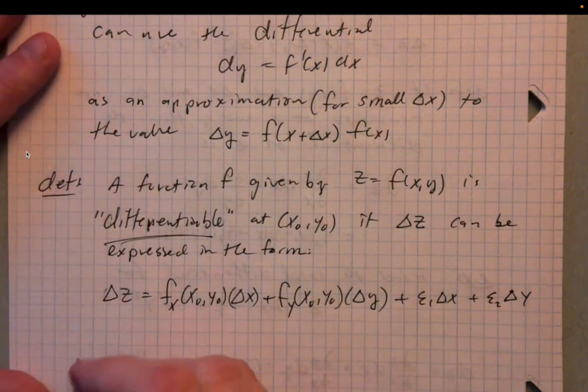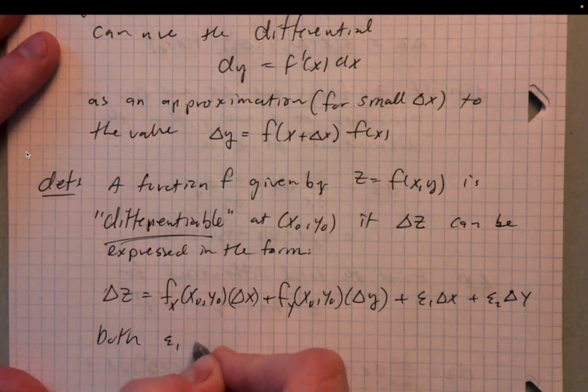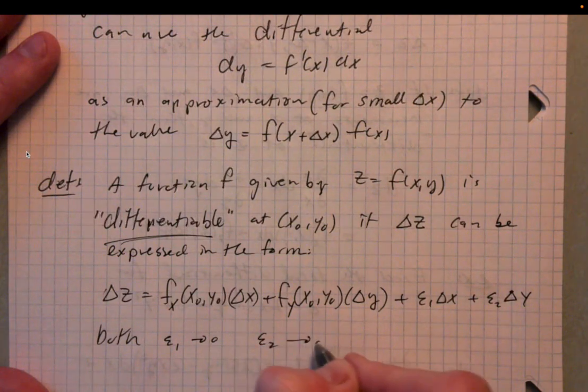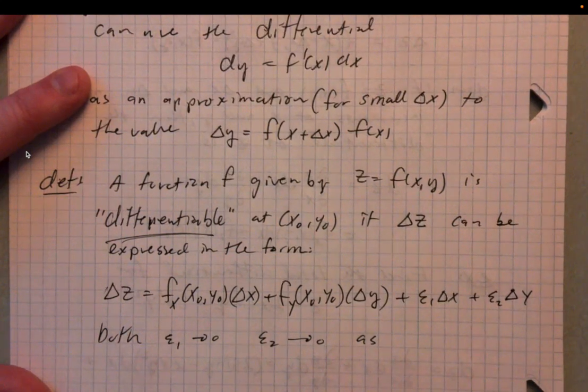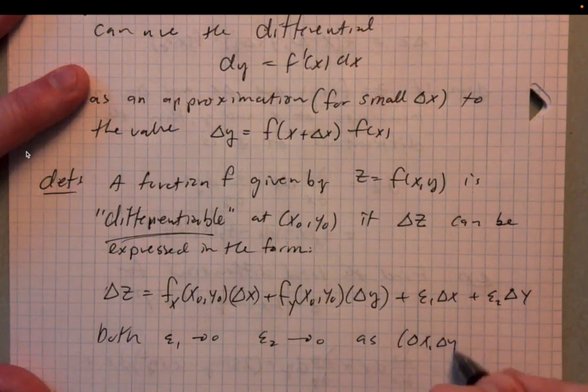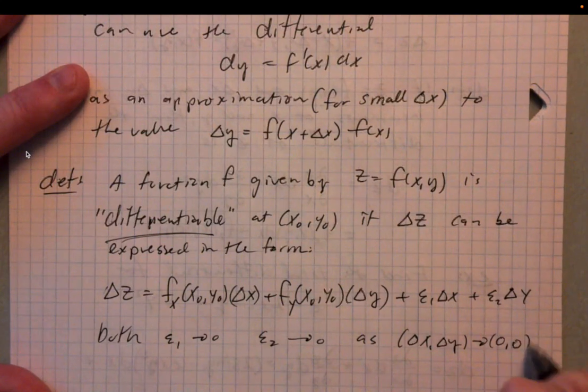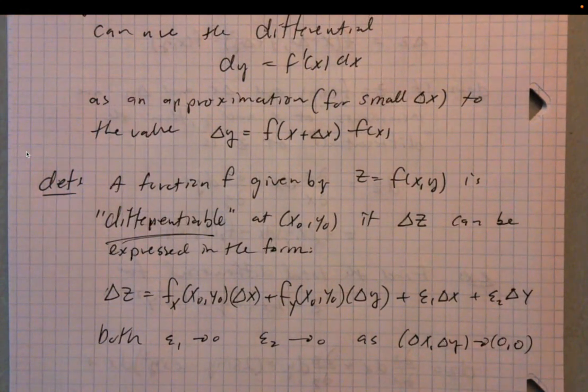Notice here both epsilon 1 goes to 0 and epsilon 2 goes to 0 as the increment decreases to 0, so as delta x, delta y goes to 0, 0. As the increment gets smaller and smaller, these epsilons need to vanish. That's what it means for a function of two variables to be differentiable at a point. This definition can be extended to being differentiable on a region if the function is differentiable at every point in the region.